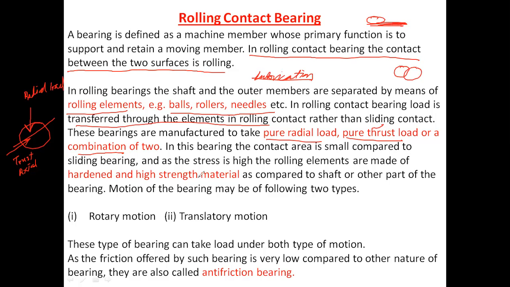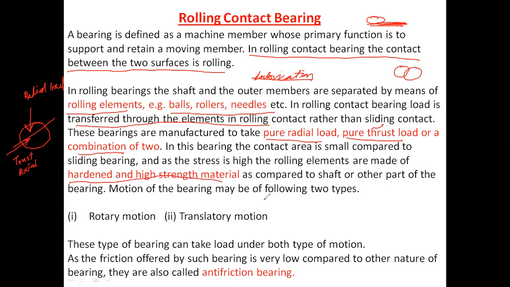Next, it is given that in the bearing the contact area is small as compared to a sliding bearing, and the stresses are high, so the rolling elements are made of hardened, high strength material as compared to the shaft or other parts of the bearing.